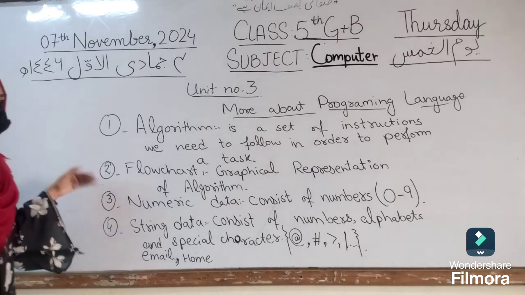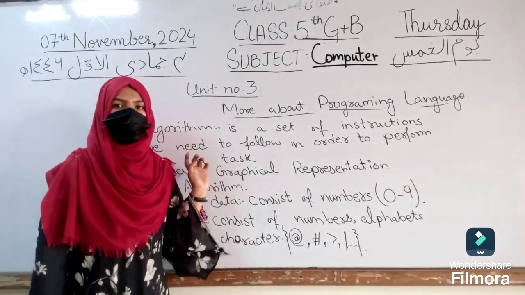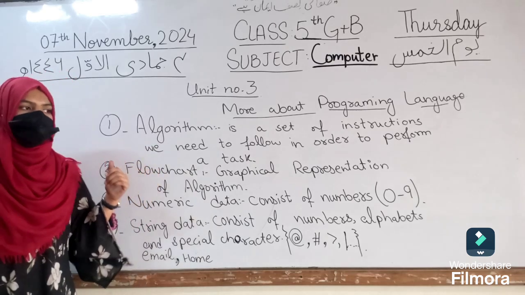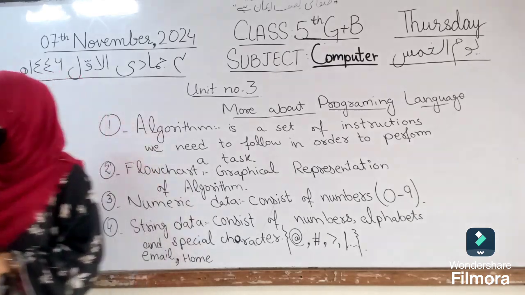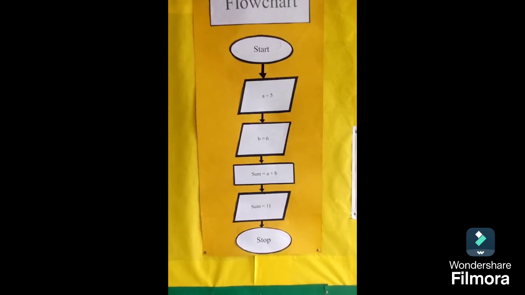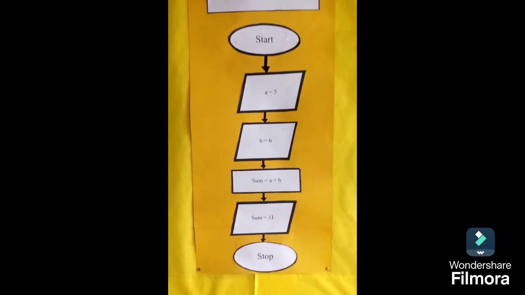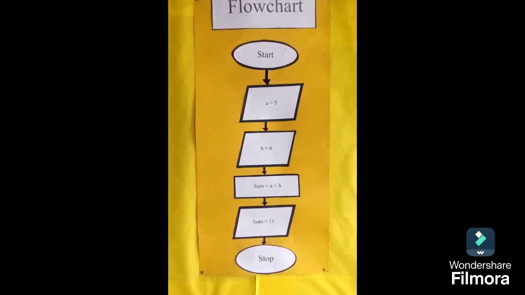So our today's next topic is what is a statement, what is a command, and what is a syntax. Okay, so let's move forward to today's main topic. Students, this is a flowchart similar to ones you have done in your notebooks.